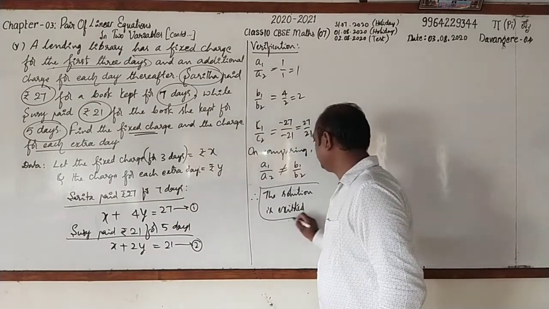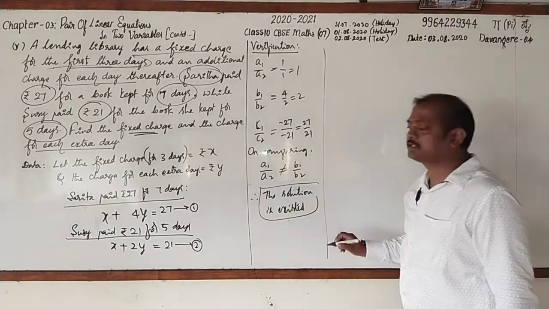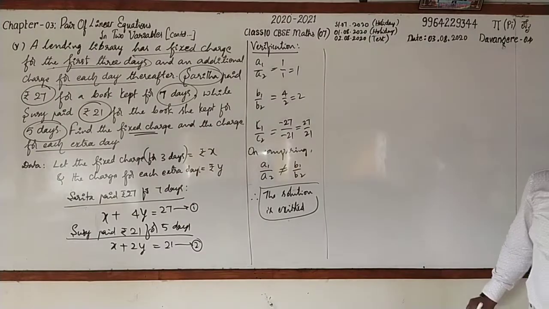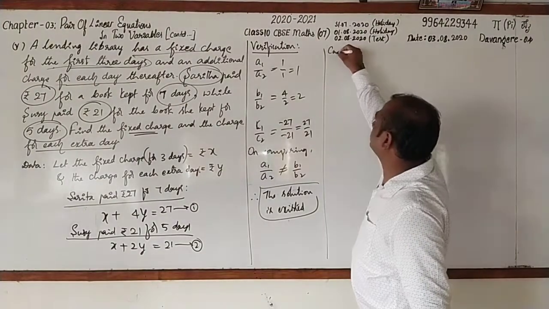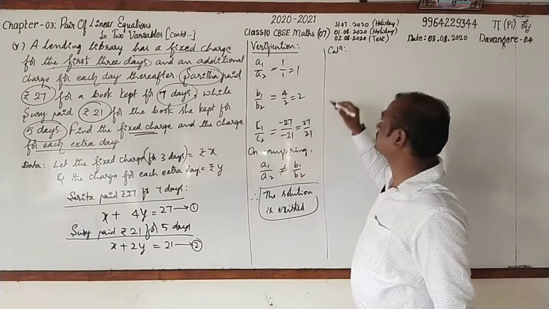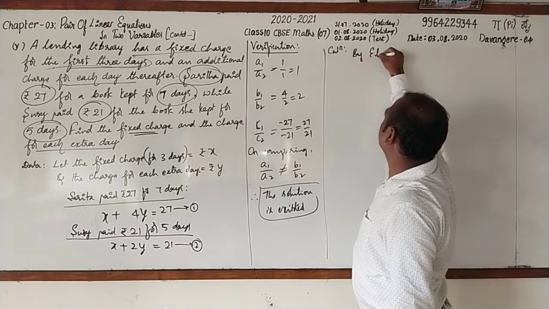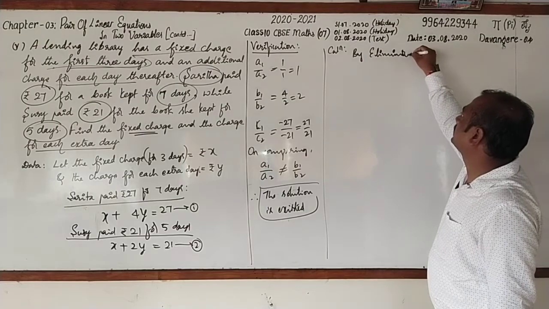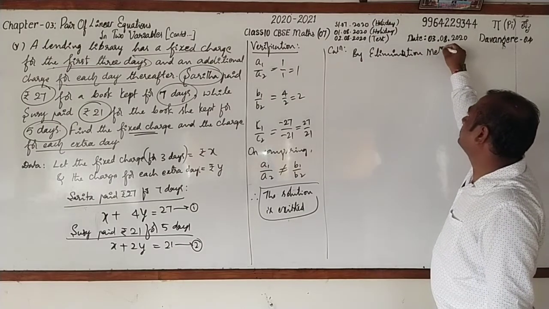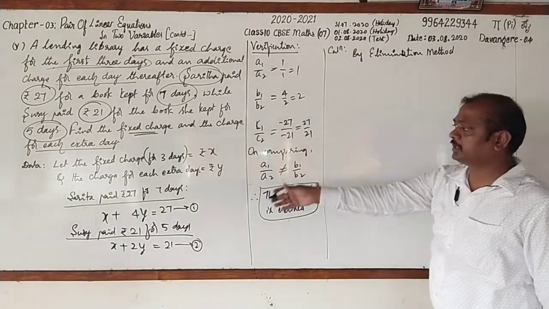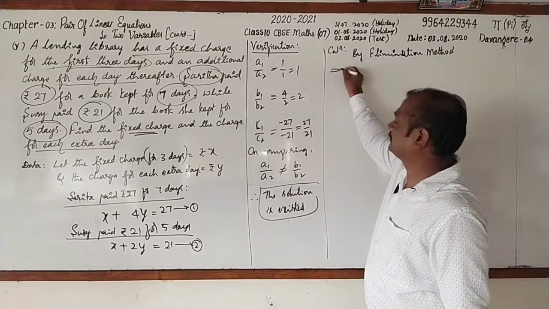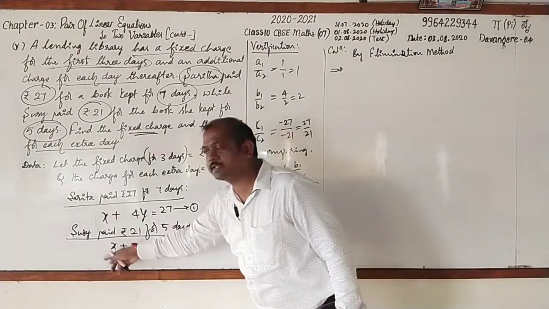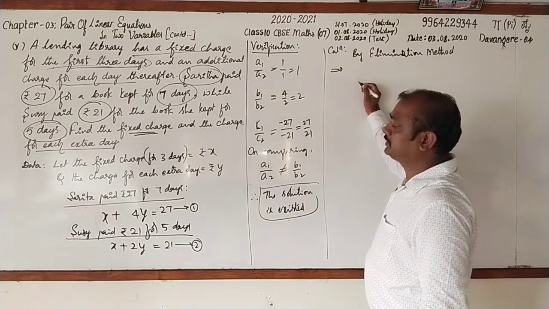If the solution is existent, we have to find them by the elimination method. Let's move on to calculation. By elimination method, let me write both the equations directly, because the coefficient of x in both the equations is the same.